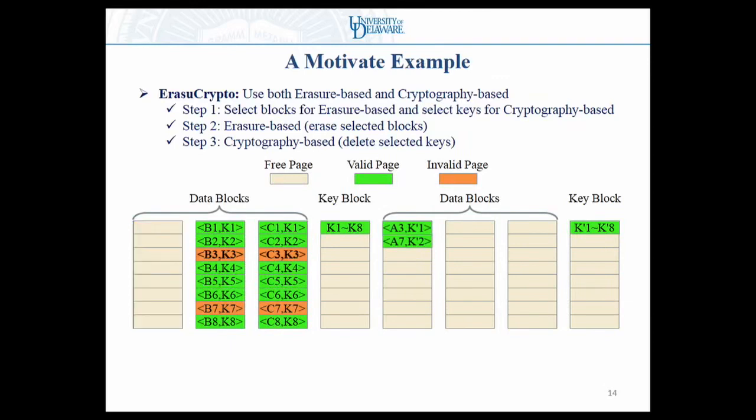Then we only have to delete the keys for 2 rows, not all of the rows. So we delete the keys for row 3 and row 7, and then write back the key into place, which is going to be 3 migrations and 2 erases.